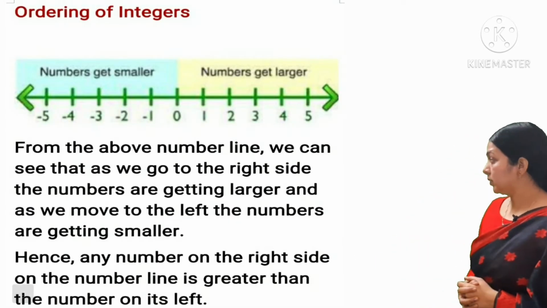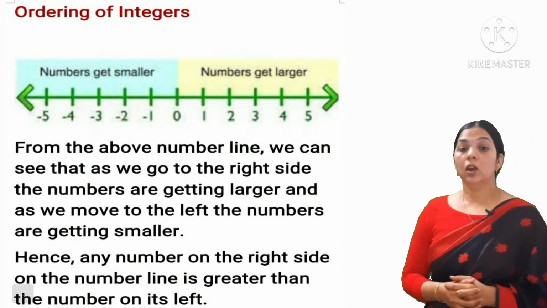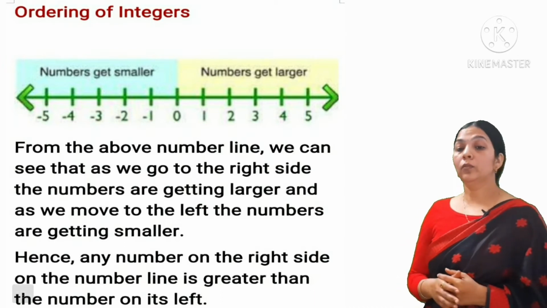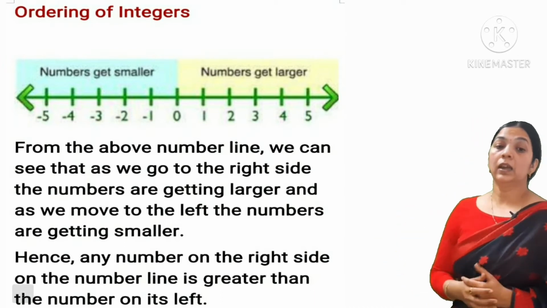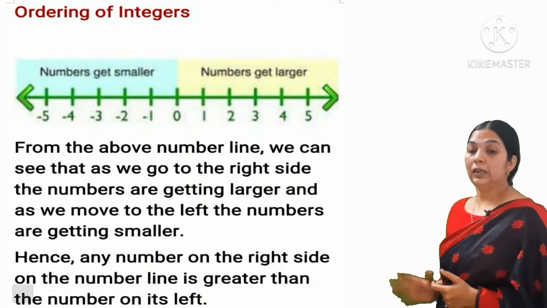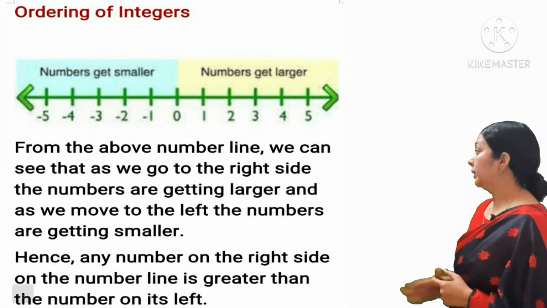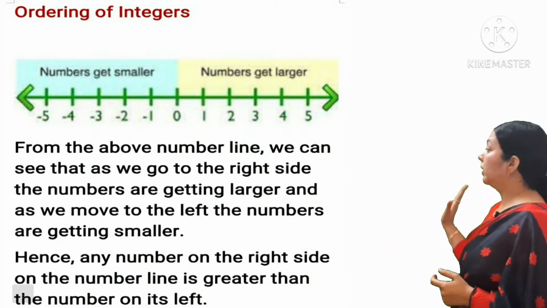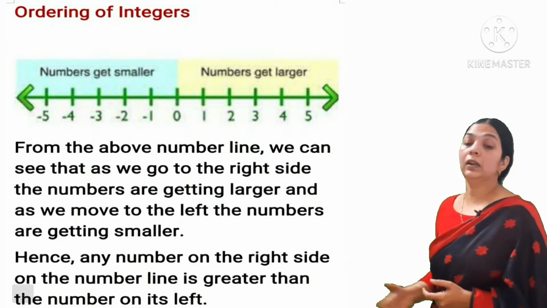Ordering of integers. How do we order the integers? From the above number line, you can see that as we go to the right side, the number gets larger, and as we move to the left, it gets smaller. That means if we are moving right, the numbers are increasing, and if we move left, the numbers are decreasing.